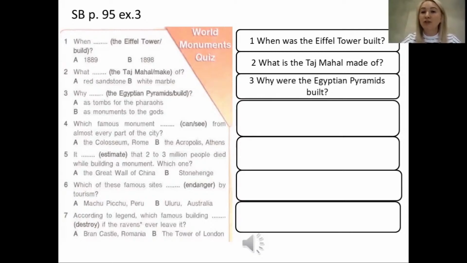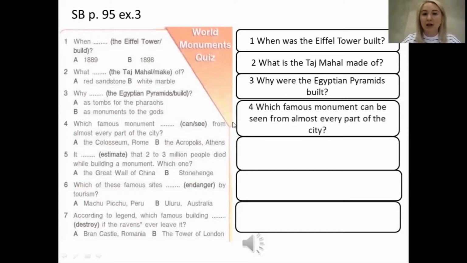Why were the Egyptian pyramids built? Okay. The fourth one. Which famous monument can be seen from almost every part of the city?